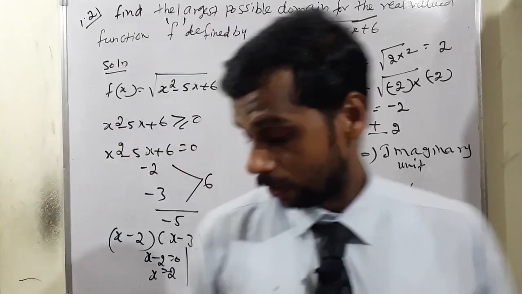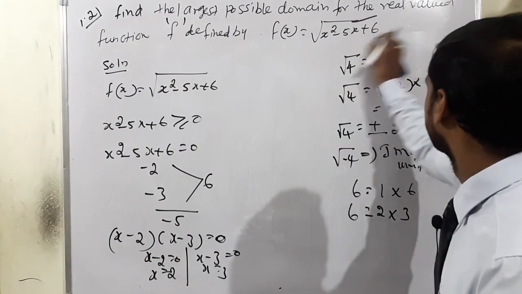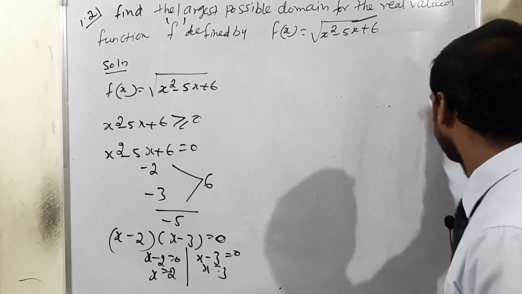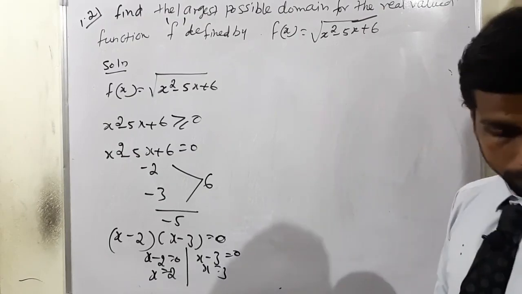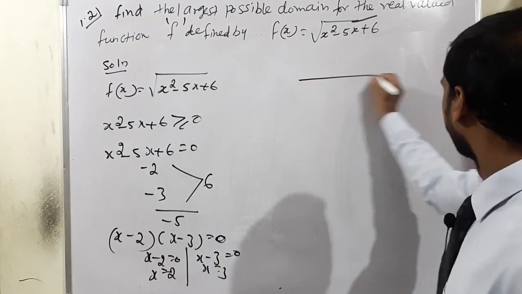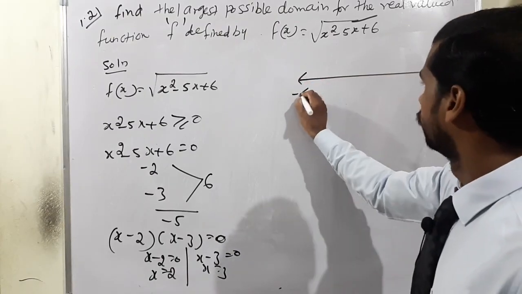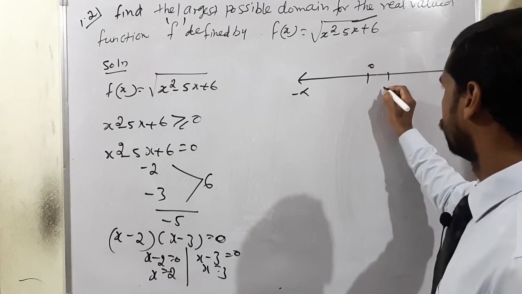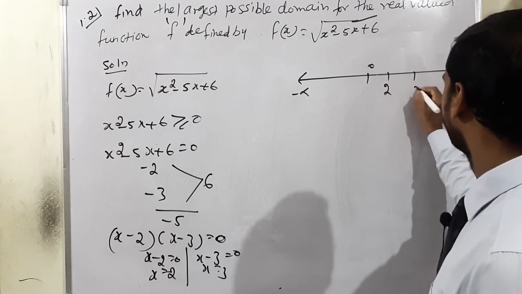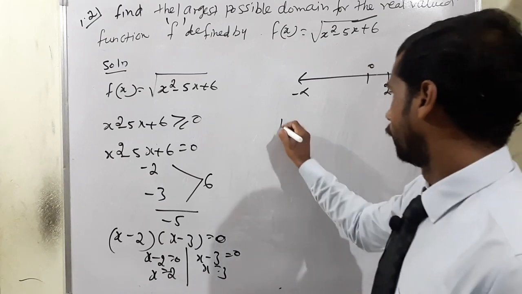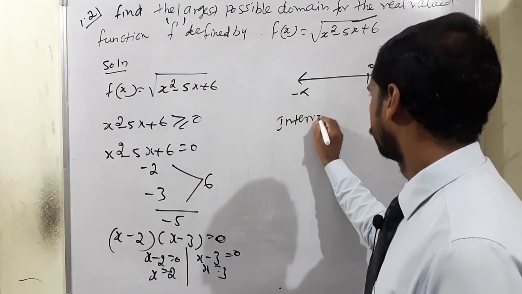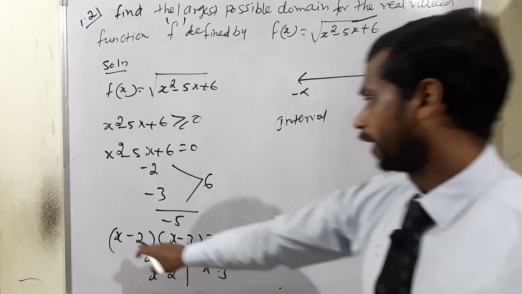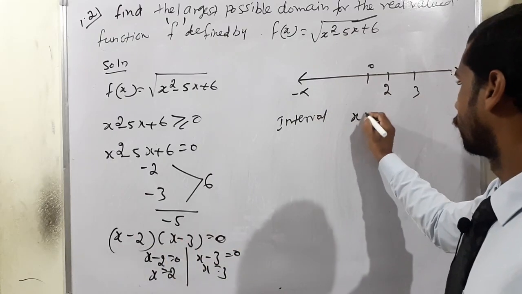If we make it a number line, from negative infinity to positive infinity, with center 0, we have the values 2 and 3. So make it into intervals. Then the output is x minus 2 and x minus 3.